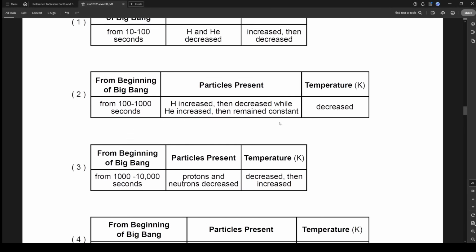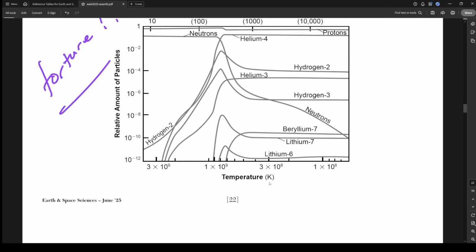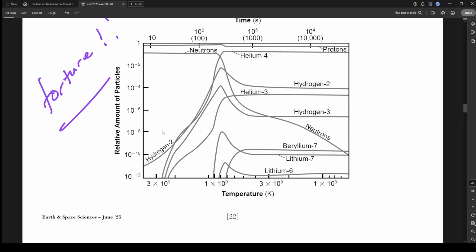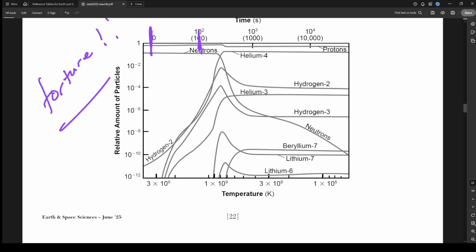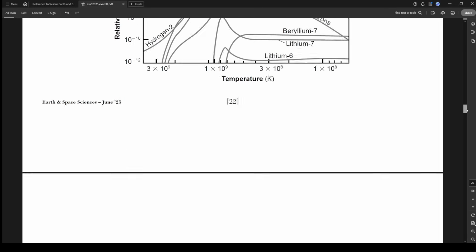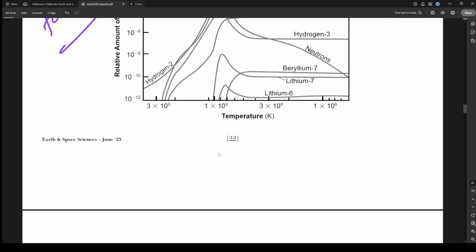Alright, well, we're just gonna have to check these 4 things. Let's see. From 10 to 100 seconds. We're gonna really have to break this down. From here to here. Did H and HE decrease?